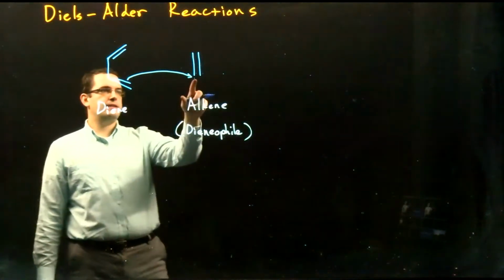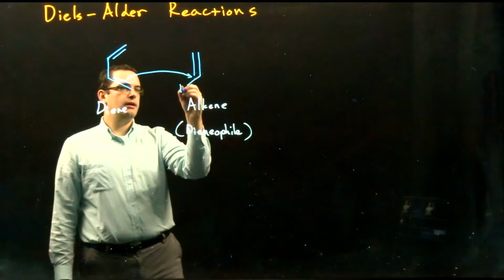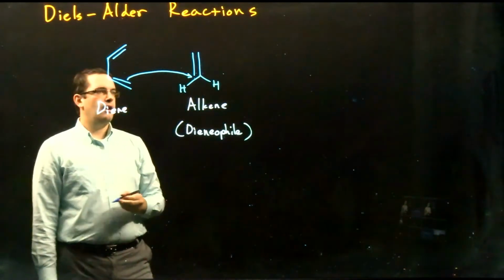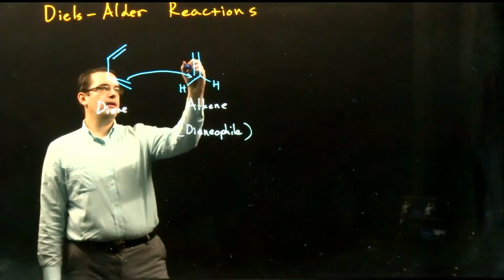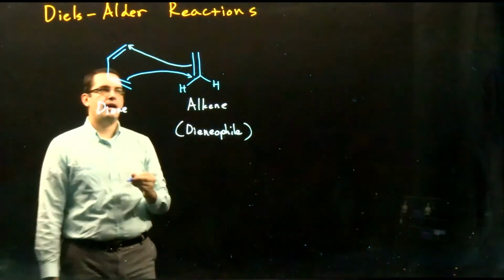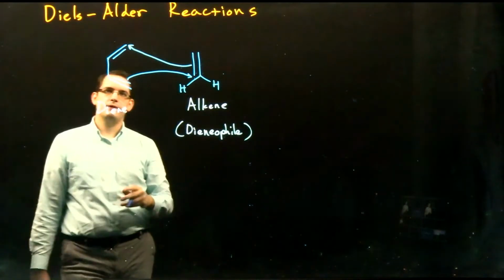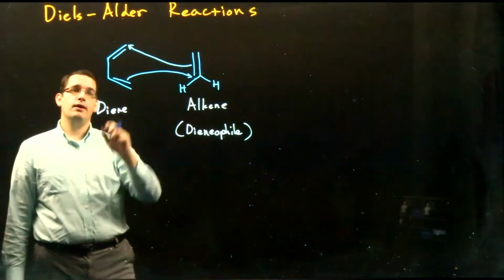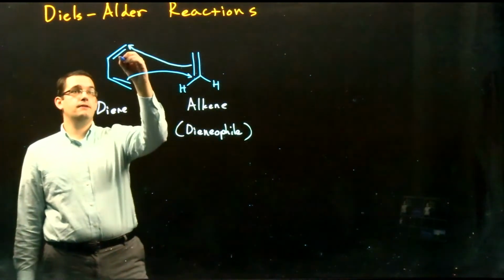Now, of course, if we just attack, this carbon already has our two hydrogens here, so it has its full octet, and we can't add a new bond there unless we also take a bond away. So we're going to take the electrons from this double bond, and we're going to attack the other side of our diene. Now again, as we're attacking and bringing those new electrons in, we also need to move our double bond out of the way to make room for those new electrons.